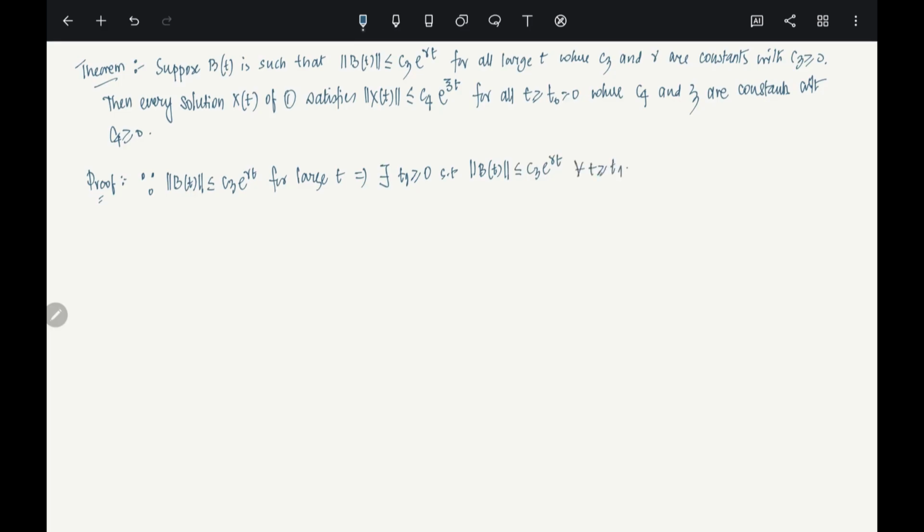I hope this is clear. For a large t this is true, so I will just choose a threshold such that for all t greater than that, b of t is dominated by e to the power gamma t.